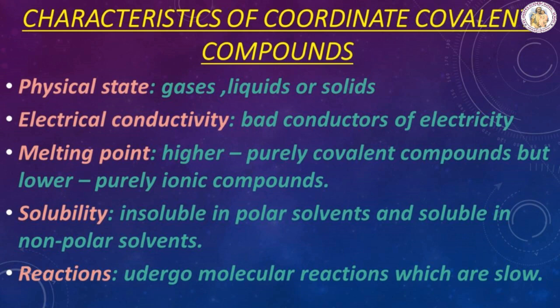Melting point: these compounds have melting and boiling points higher than those of purely covalent compounds but lower than those of purely ionic compounds. Solubility: they are insoluble in polar solvents like water but soluble in non-polar solvents like benzene, CCl4 and toluene. Reactions: coordinate covalent compounds undergo molecular reactions which are slow.